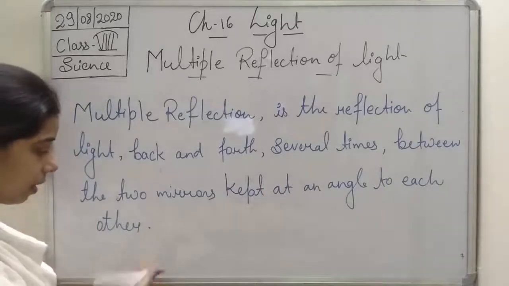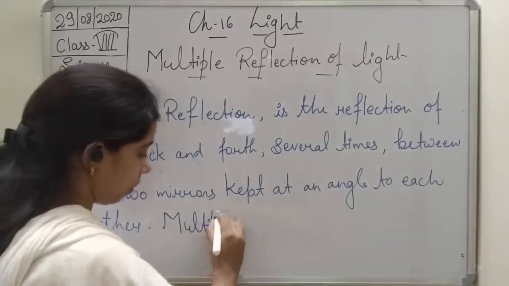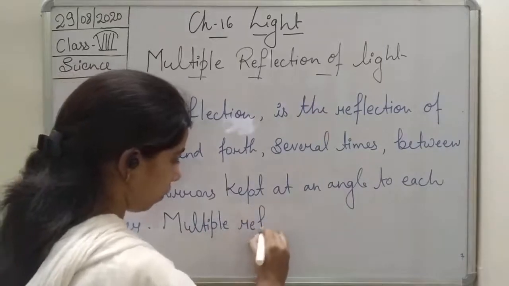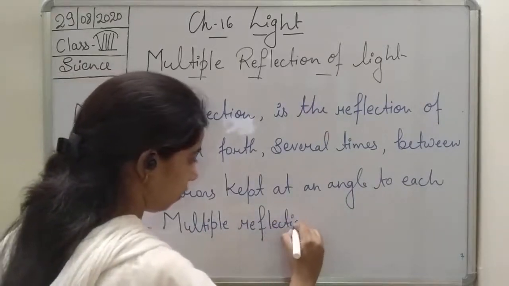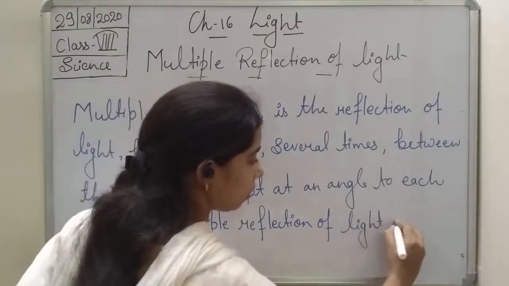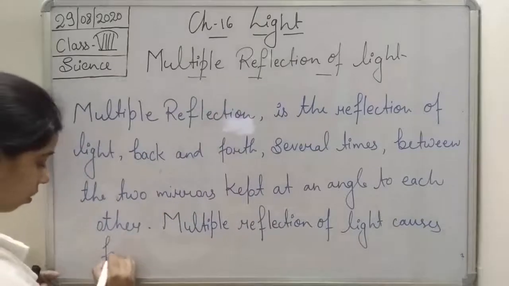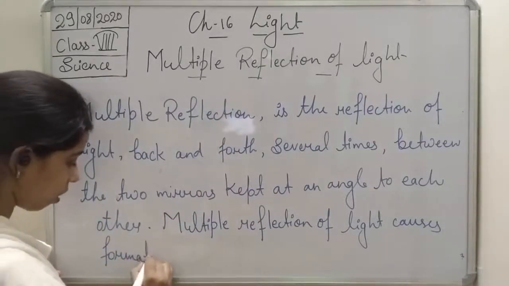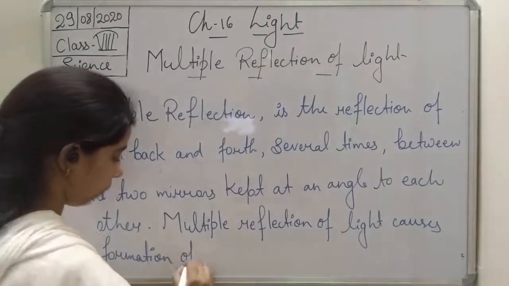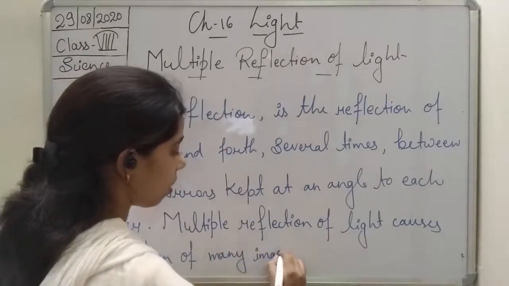So we can write: multiple reflection causes formation of many images.